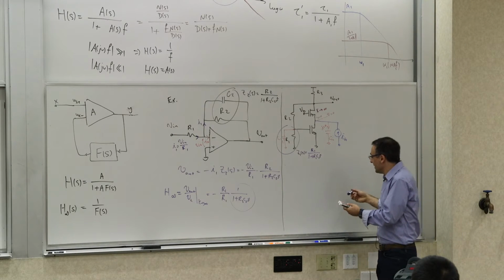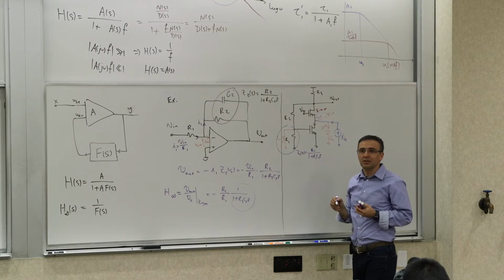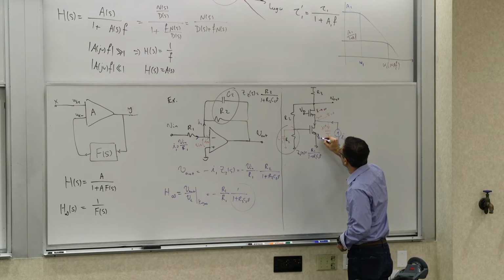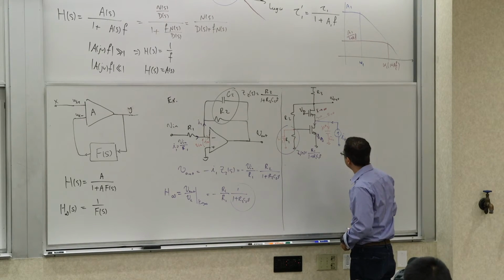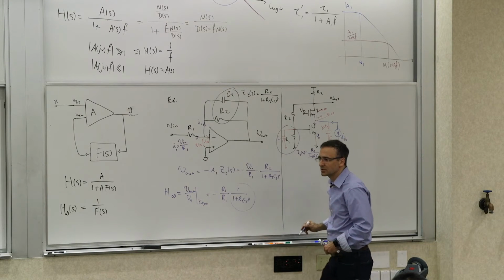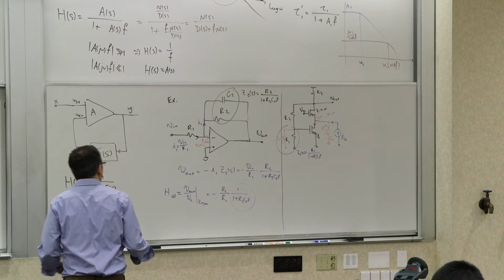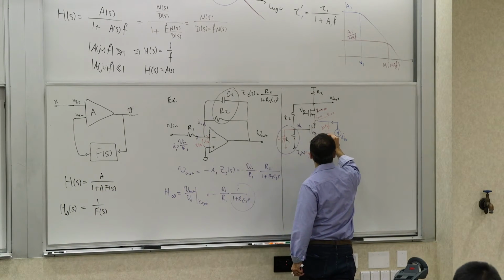But again, what you have is the same thing. All of this current has to go through here. So this part hasn't changed. This was GM1. Let me just see. Is it M1 or M2 we call it? M1, okay, GM1. GM1 V1.